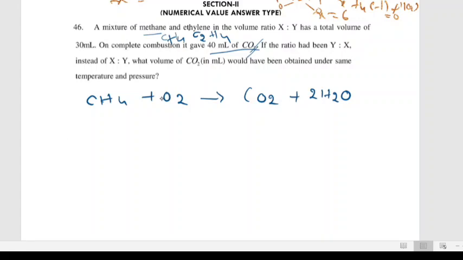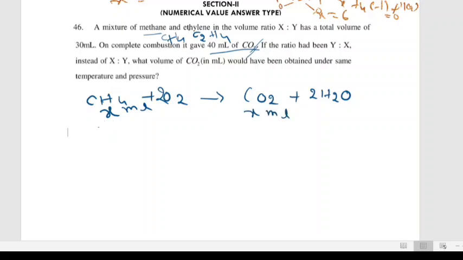And here there are 2 moles. How many moles of methane? As it is in the ratio of X is to Y, let us suppose that X ml we have taken. So X ml of carbon dioxide will be formed.